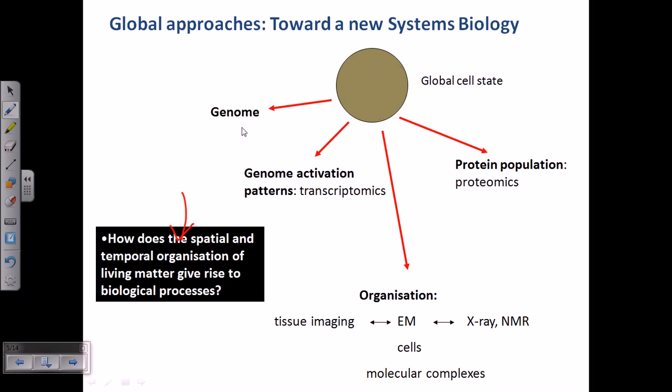Now from here we can get genomes, genome activation patterns, that means transcriptomics, then proteomics, and also metabolomics. Now the organization of all these materials we can infer using different techniques like electron microscopy of cells, tissue imaging techniques using fluorescent dyes, X-ray, as well as NMR spectroscopy, right?